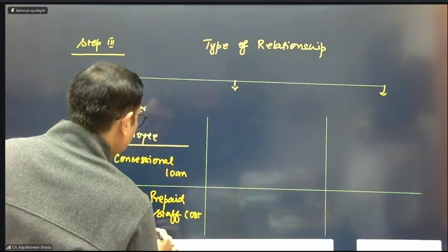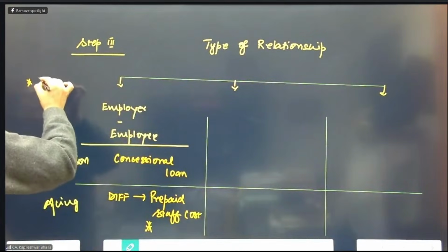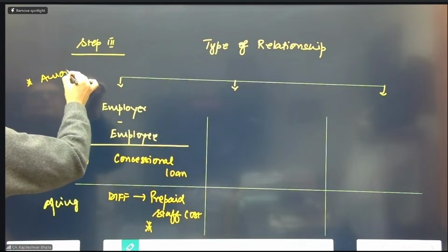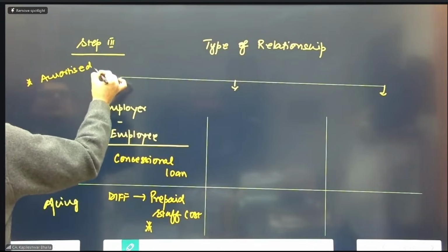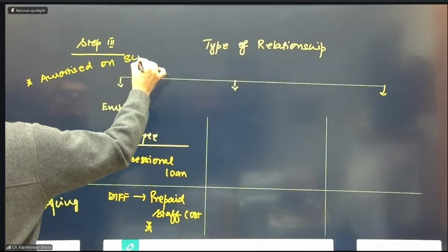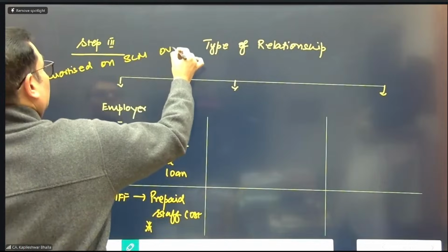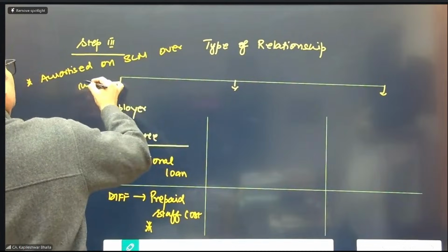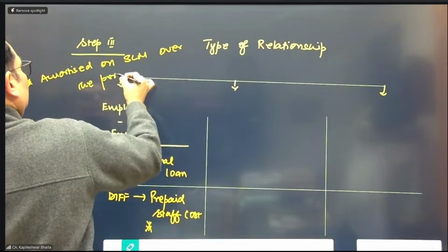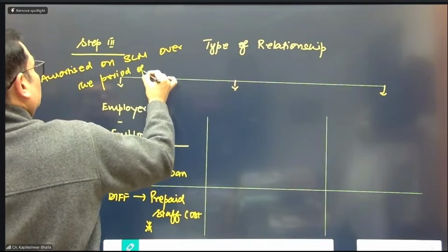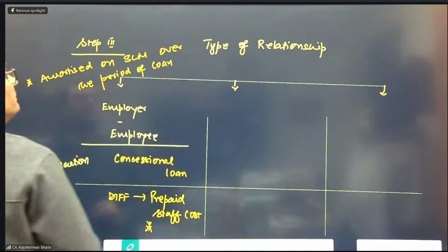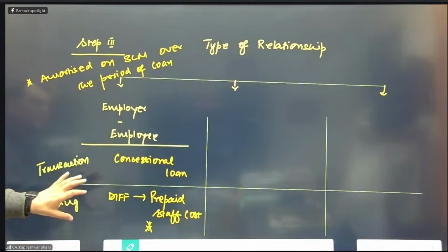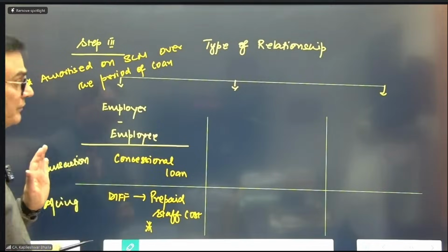This prepaid staff cost will be amortized on a straight line basis over the period of the loan.